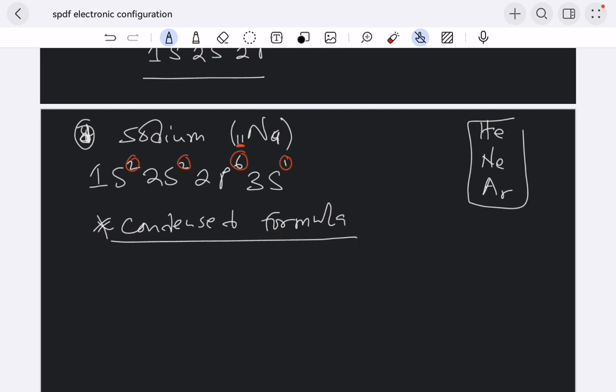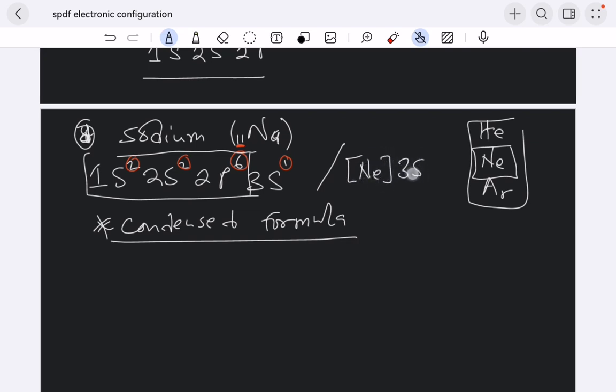In a case where you know that neon is 10, if I count from here, it's 10. So I can just say sodium can also be written using neon, and then I say 3s1. So this is a condensed formula.